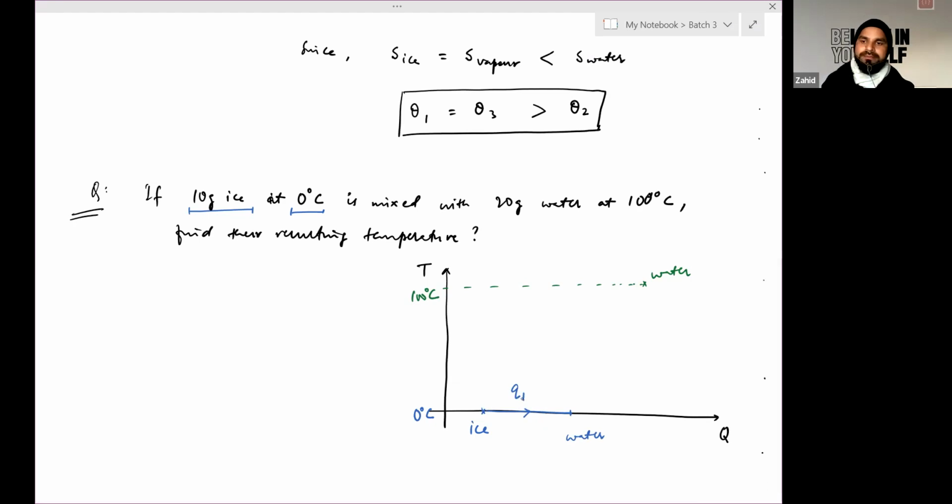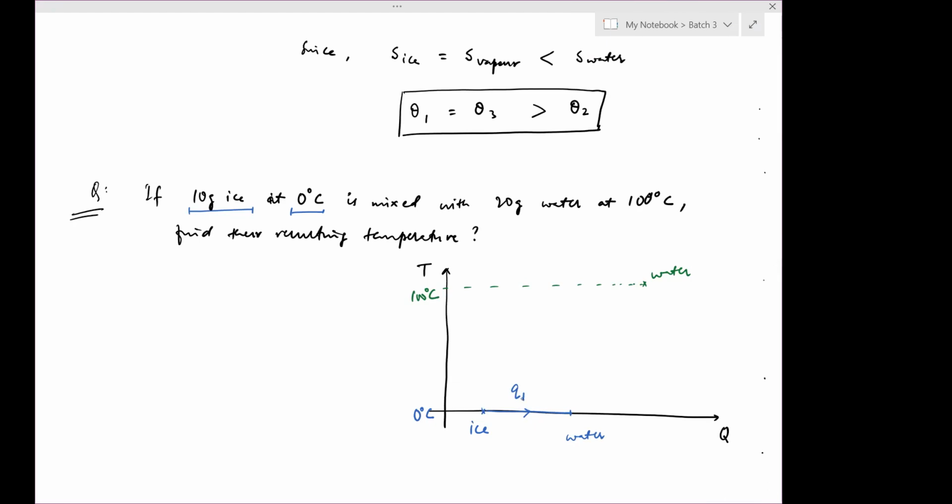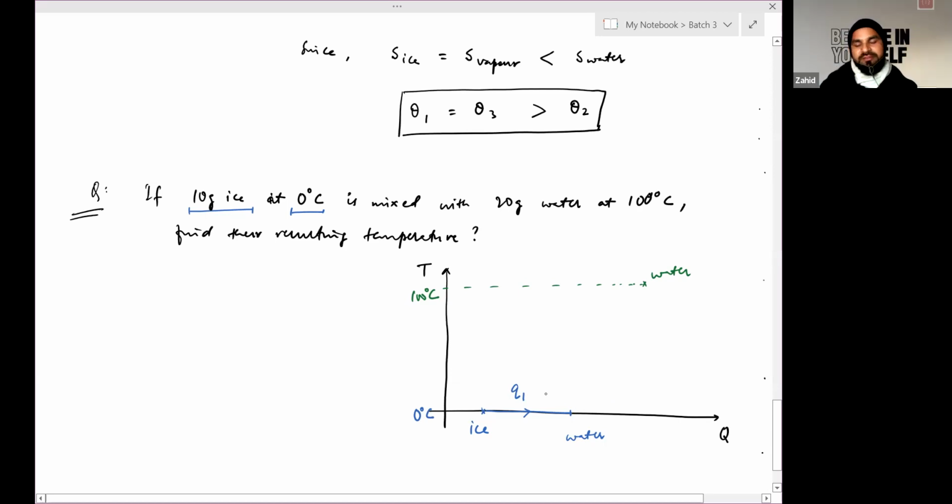Is it clear? Yes. And then if further heat is present in this system, the temperature will rise up to this point for equilibrium. Let's say the temperature at this point is T.